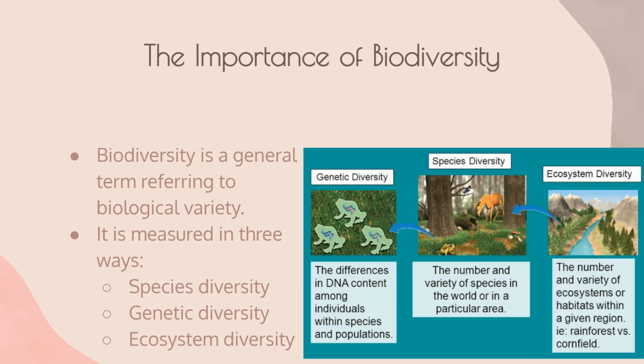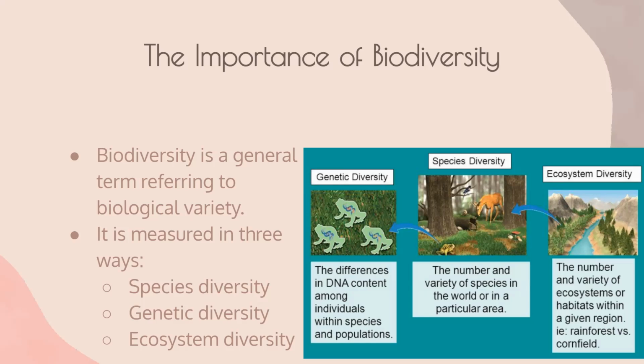But if all of your frogs are green, they will all die out. And that is how a species goes extinct or becomes extinct. So genetic diversity is important, particularly in the face of environmental change, which is what's happening on a large scale now.